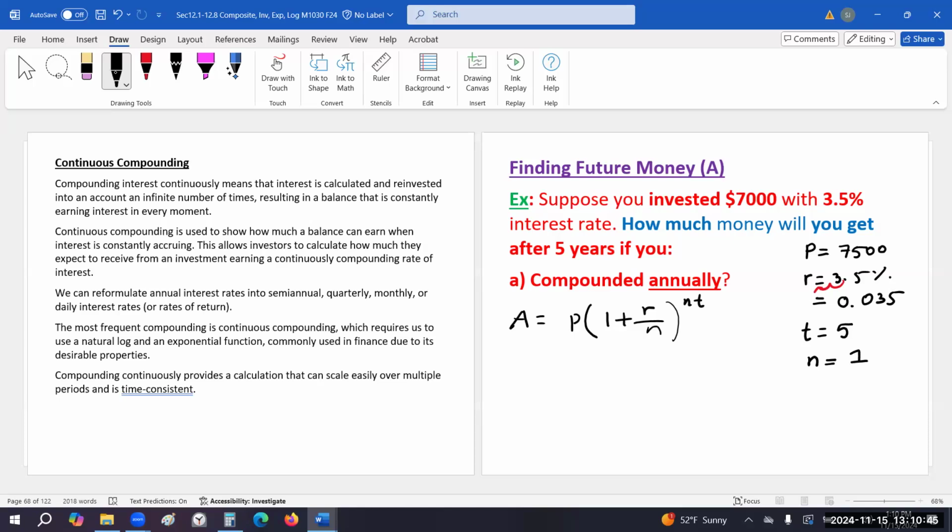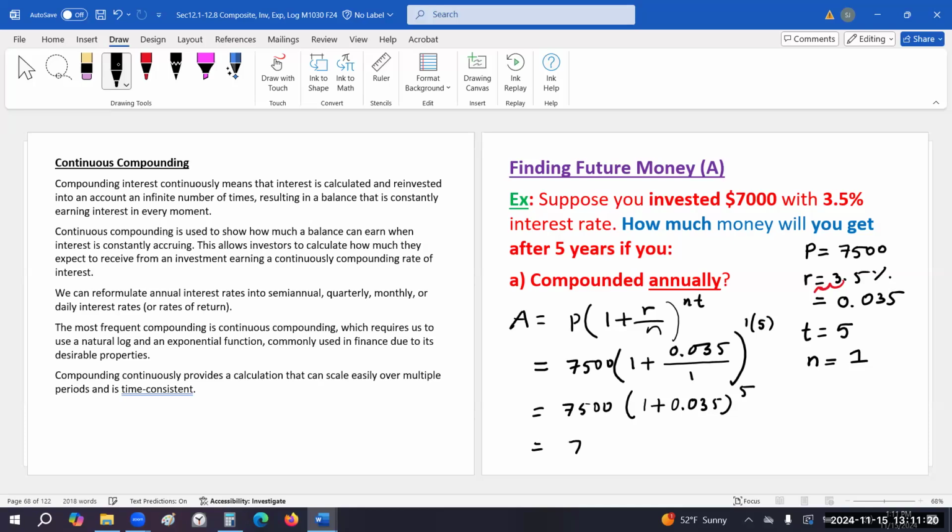So we identified all the variables we needed to apply here. So it's time to apply. 7,000 initial, interest rate at 0.035. We are doing it once, and we are doing it for 5 years. So 7,000 times 1 plus 0.035 to the power 5.